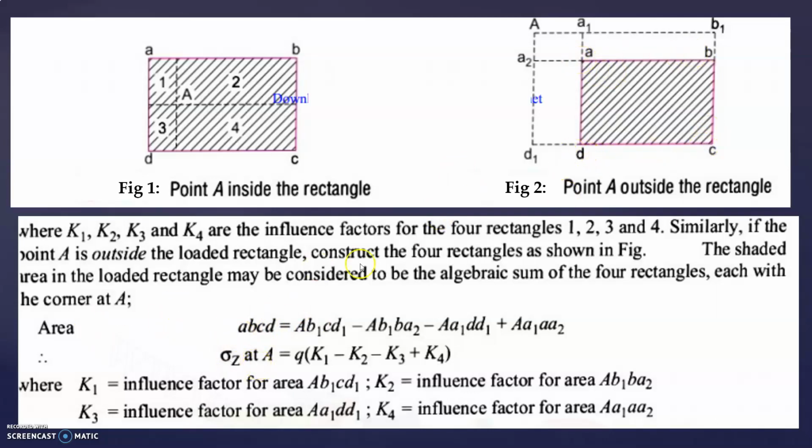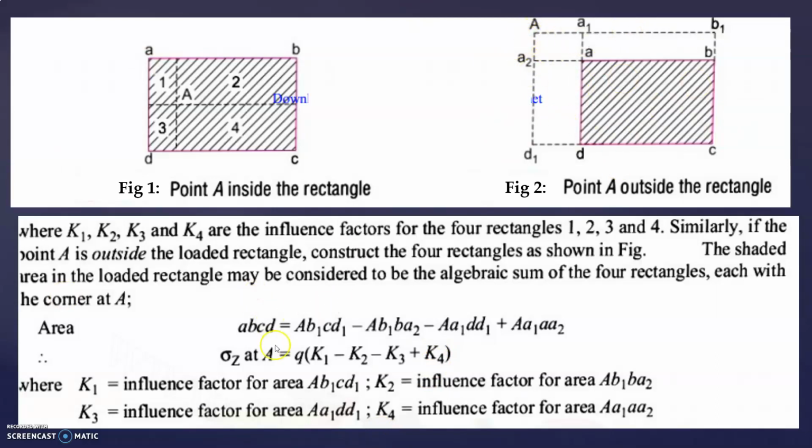So sigma z at A is equal to Q into K1 minus K2 minus K3 plus K4. This is the formula when the load is acting outside the rectangular area.